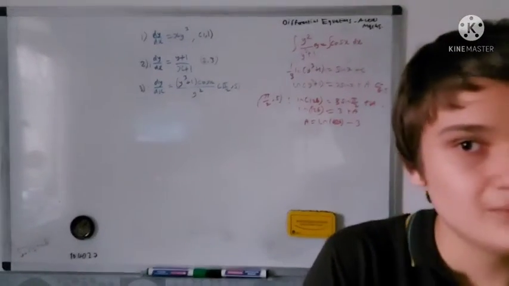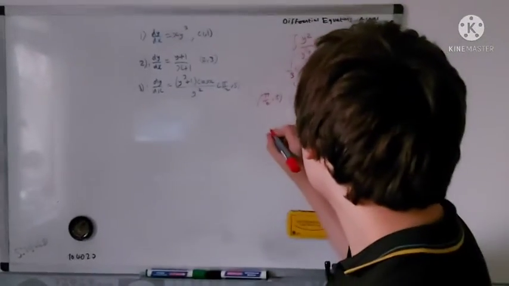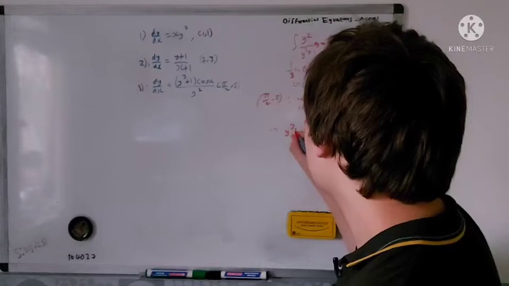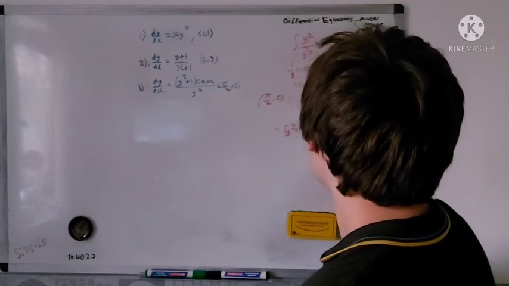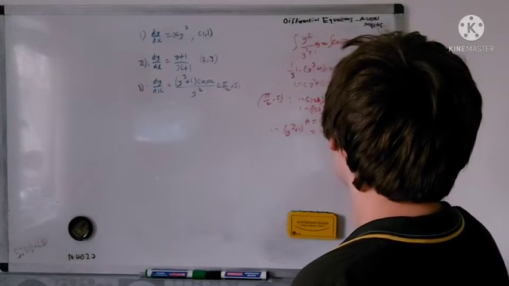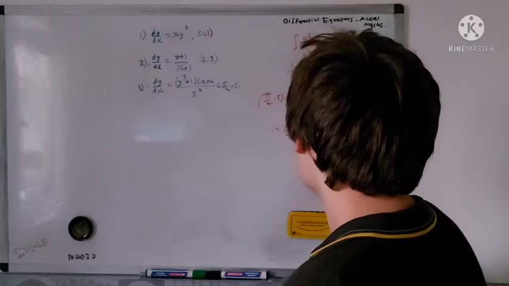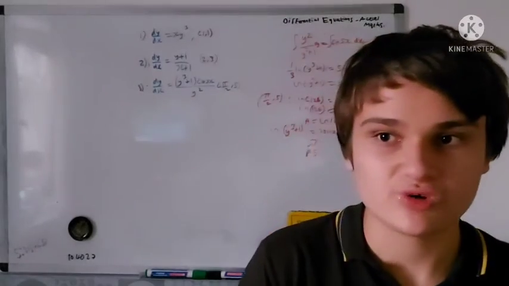Apologies, like that. Okay. So the particular solution to this differential equation is log of y cubed plus 1 is 3 sine x plus log of 126 minus 3. And that is my particular solution to the differential equation.